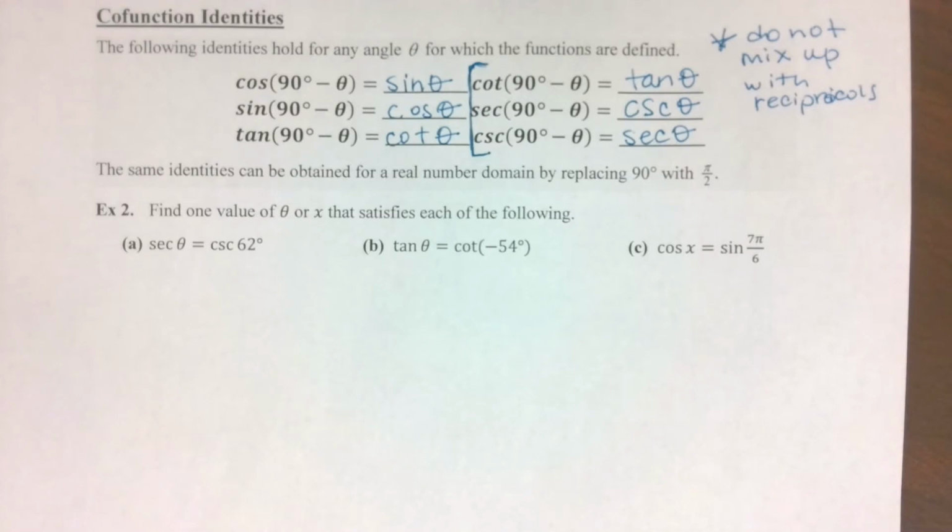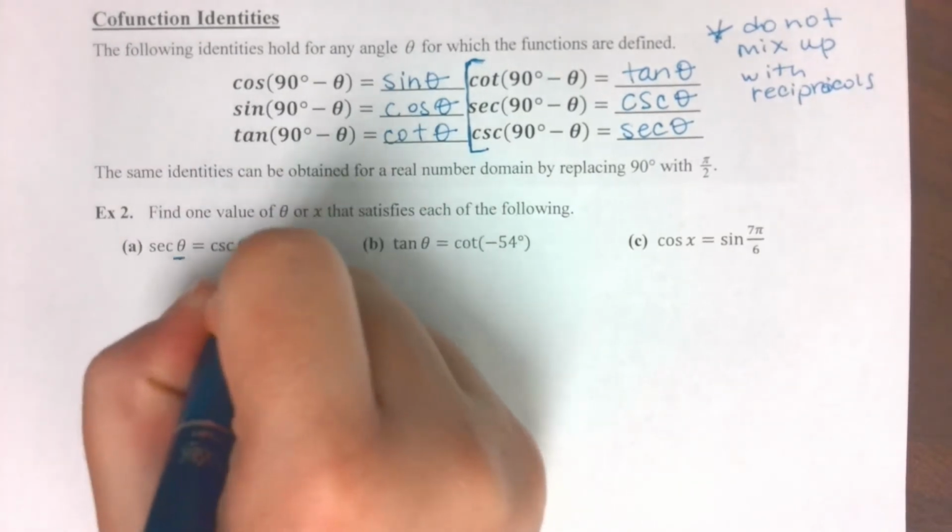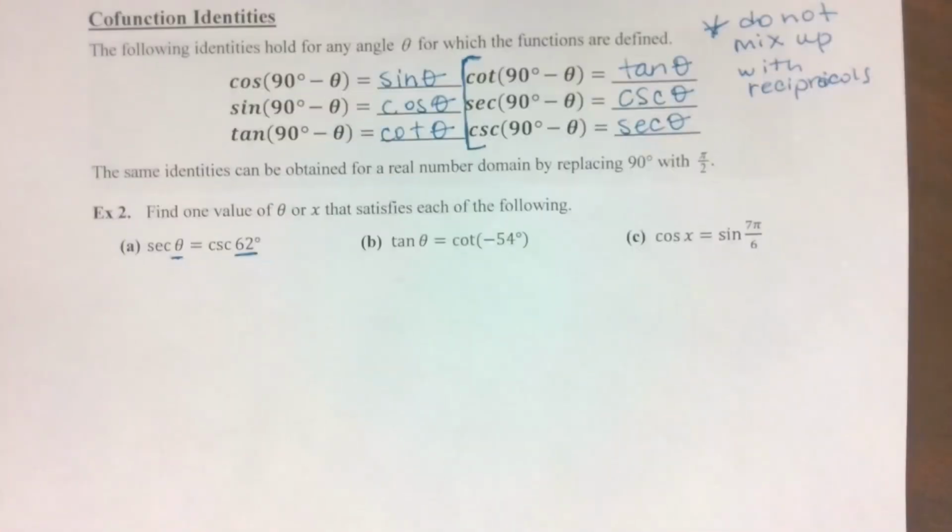For A, we have secant theta equals cosecant of 62 degrees. We want to find what value of theta will make this equation true. In order to use the cofunctions, theta plus 62 degrees must equal 90 degrees.